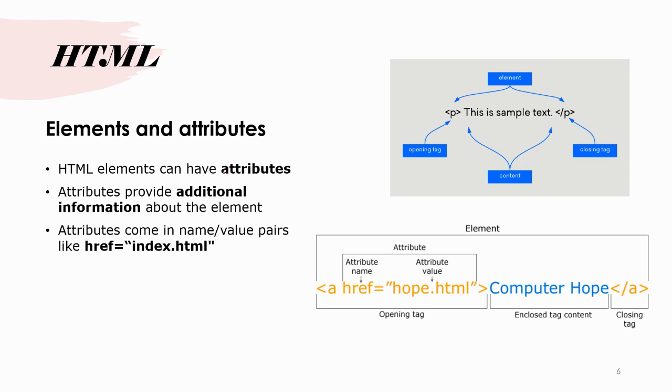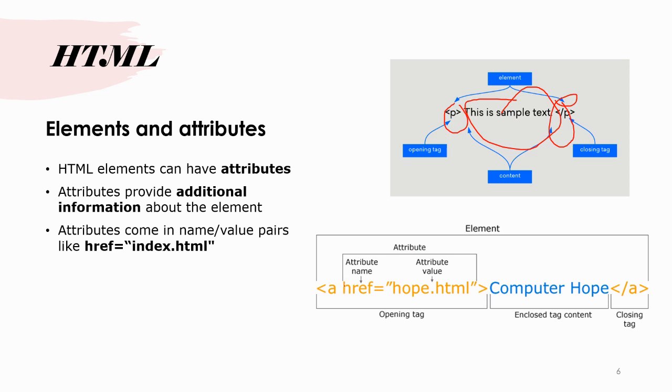So elements also can have attributes. You can see the elaboration of it. We have the element, open and close tag, and we put the content in between the tags, and sometimes it has attributes.